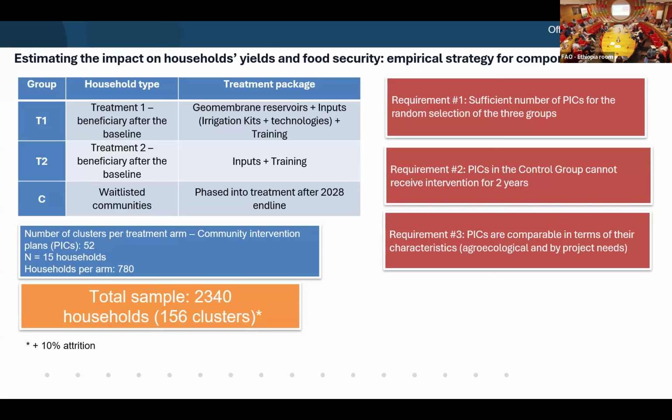Now, there was also a slide on the relationship between monitoring and evaluation, but basically the nutshell is that the relationship with the country office is fundamental.